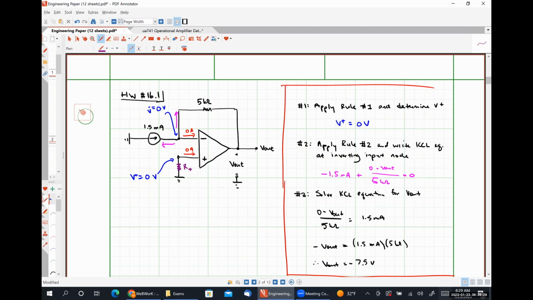Another thing you might see is a load resistance, RL, connected between our output terminal and ground. So op amps are very regularly used to drive circuits or drive some load. That being said, in a negative feedback configuration, when we're dealing with an ideal op amp, the load resistance doesn't actually do anything.